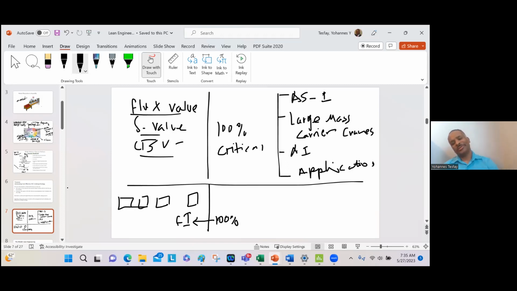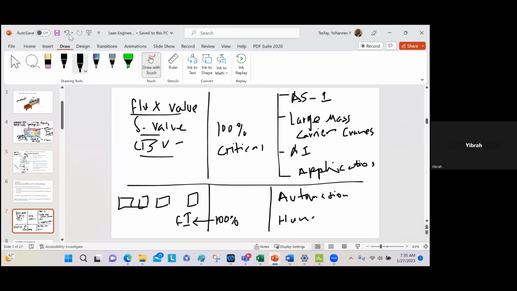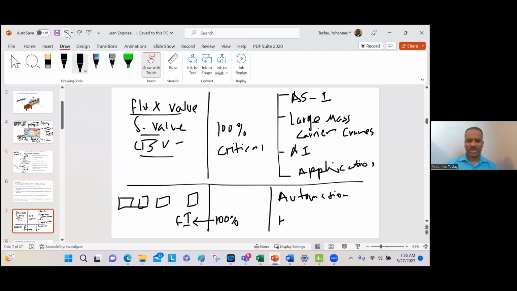The inspection could be done by automation, test gauges, or by a human, which we call manual test.